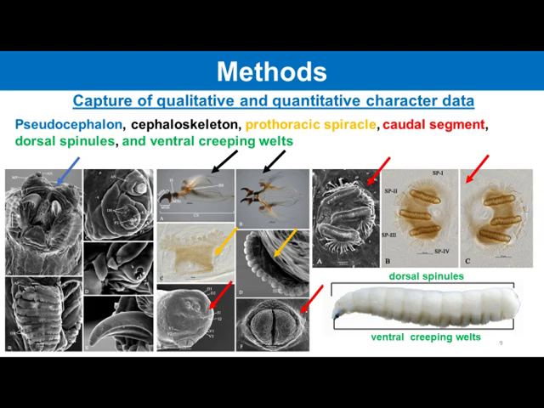You can see here, there are many, many characters on the head. But we also have to look at characters on the thoracic spiracles, also the posterior spiracles, and also along the dorsal and the ventral part of the larvae.